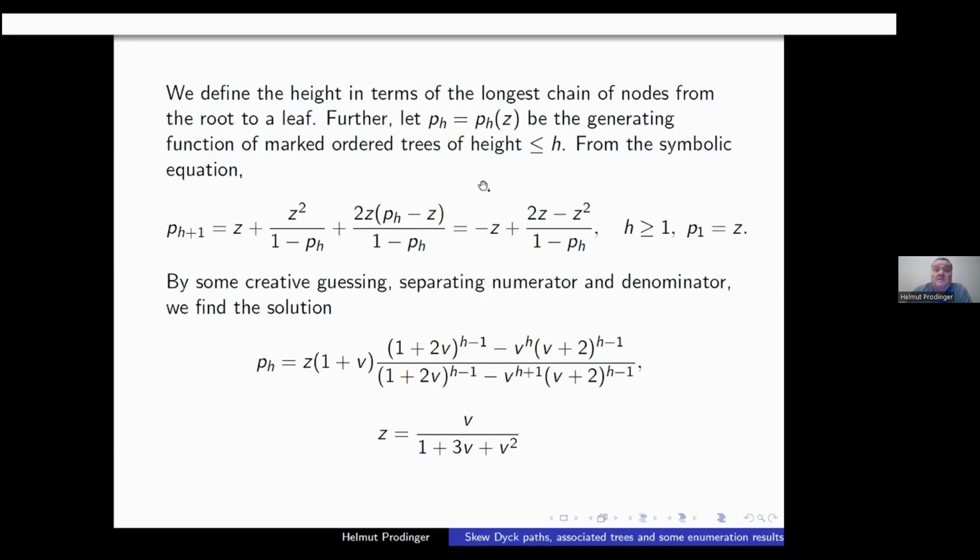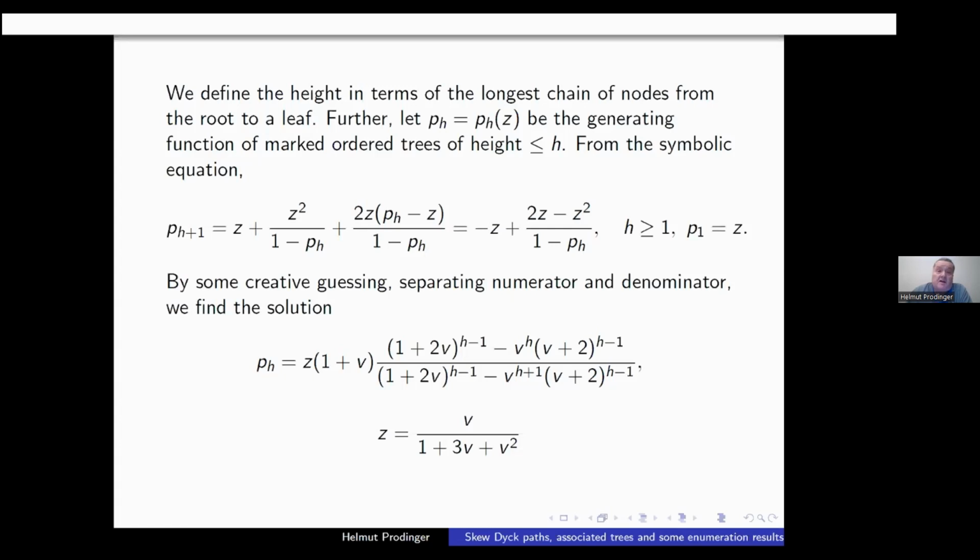So then the recursion that we had before, which was just an equation, if one introduces the h restriction, then one can say, well, we have the root, and then what happens after the root? So we have p_{h+1}, and after simplification, we have blah, blah, blah, and 1 minus p_h here. And this recursion is of the continued fraction type and can be solved.